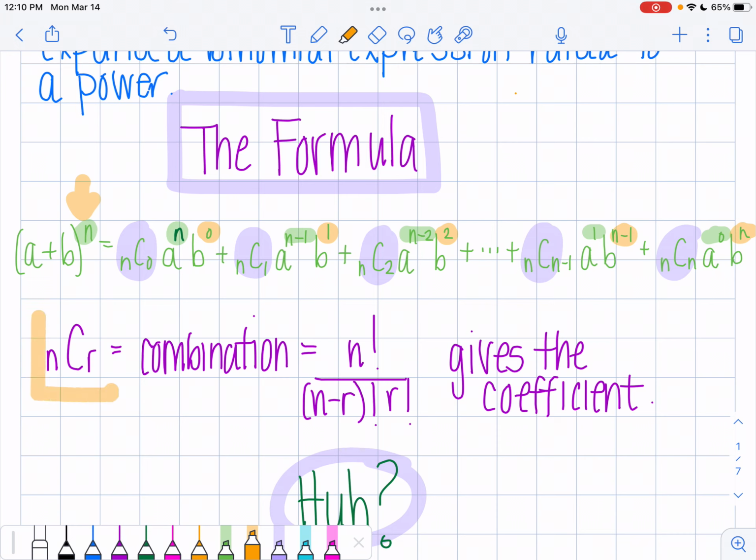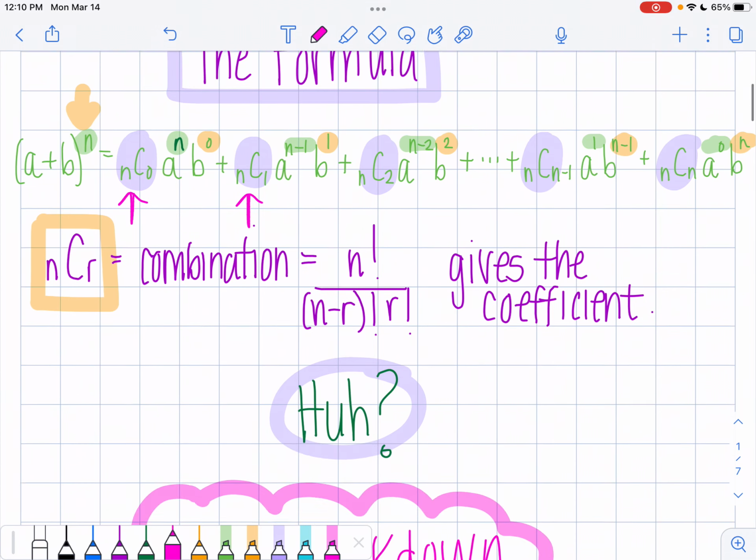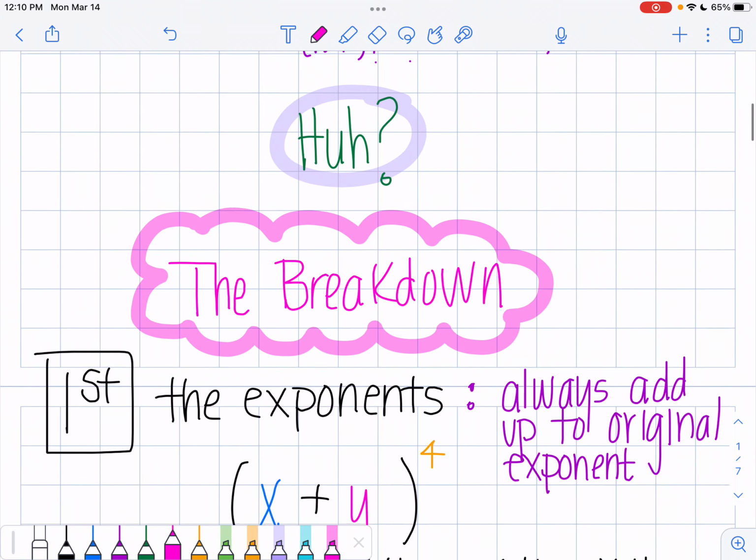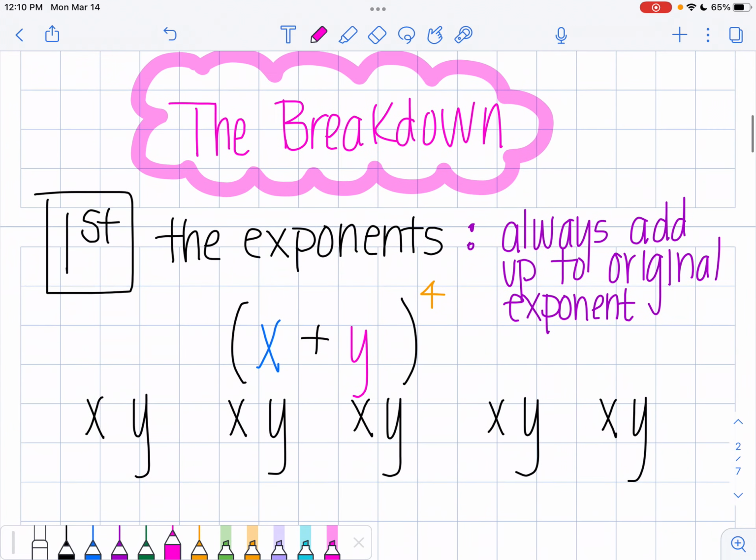This nCr stands for combination, which I will talk about more in depth in a later video, but this is how we find the coefficient, the number that goes out in front in each one of these terms. But we also have another way that we can do that, which is called Pascal's Triangle. And I'll talk about that in a minute.